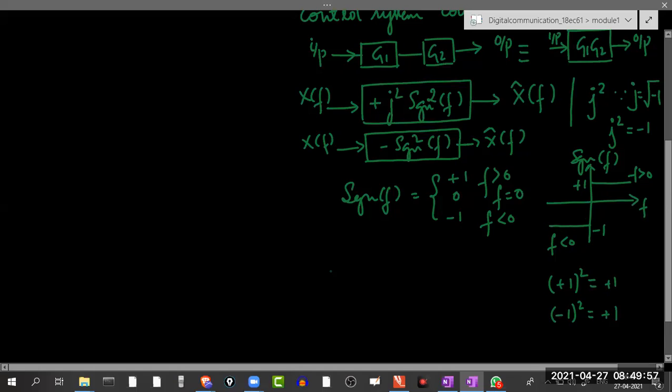So in fact, signum square of f takes on the value +1 for all frequency values, be it positive or negative, f greater than 0 or f lesser than 0.